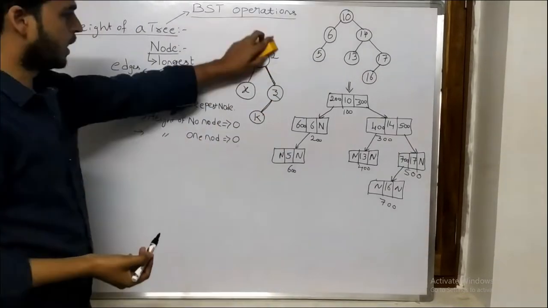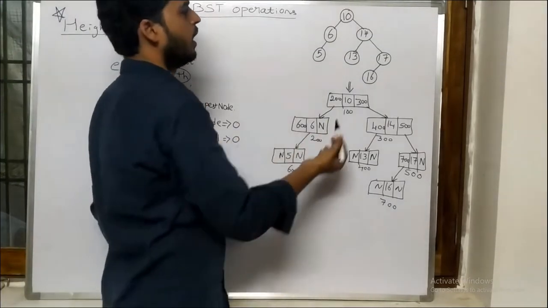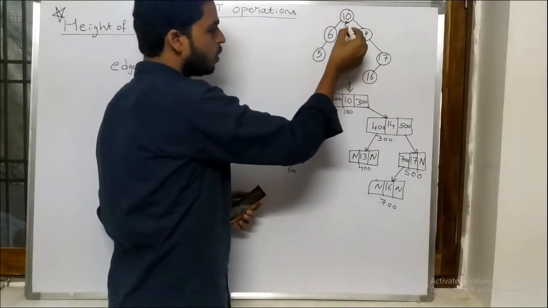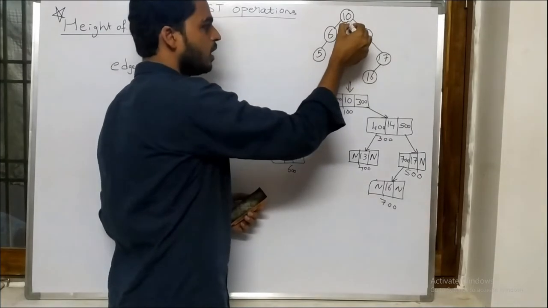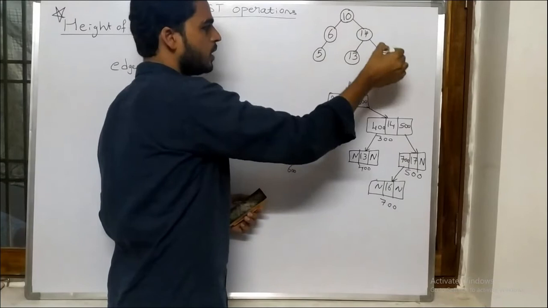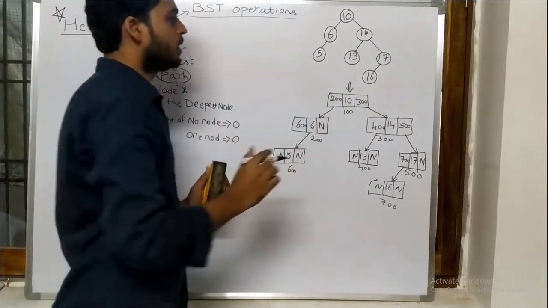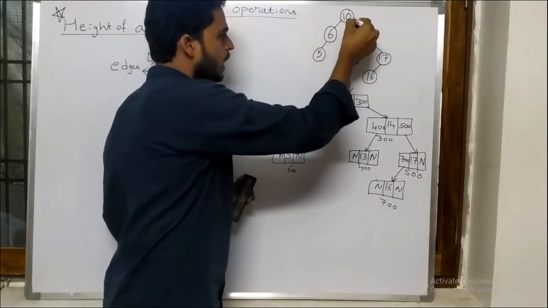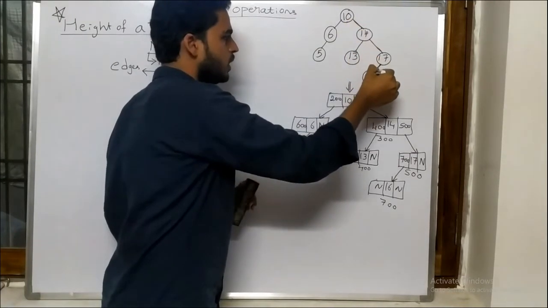Okay. Similarly, just check what is the height of the node 10. What is the height of the node 10? For node 10, how many paths are there? 1 path, 2 path and 3 path. But among these 3 paths, you have to take the longest path. The longest path is calculated by the total number of edges. 1, 2, 3.